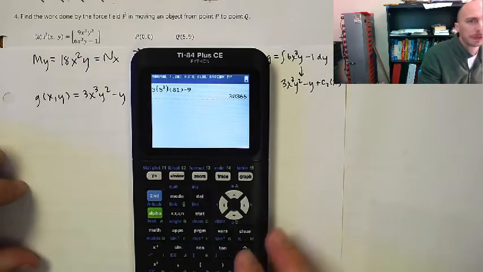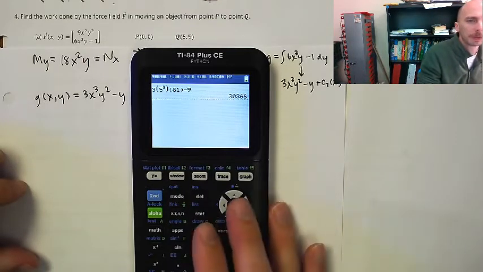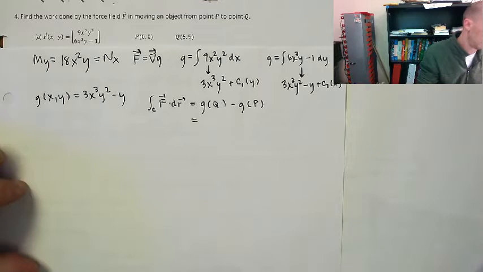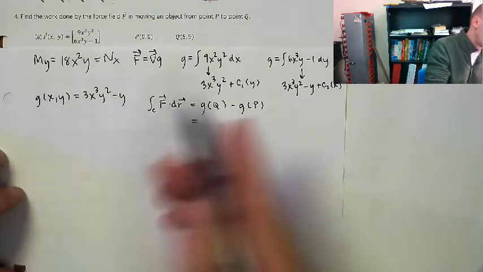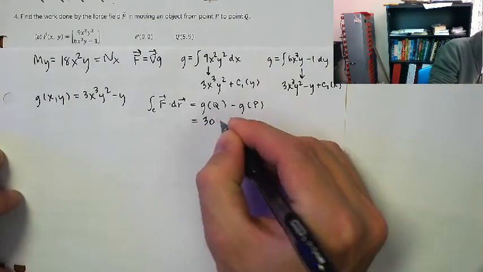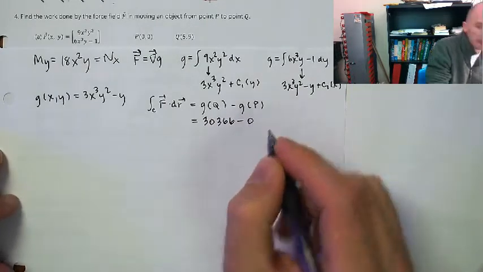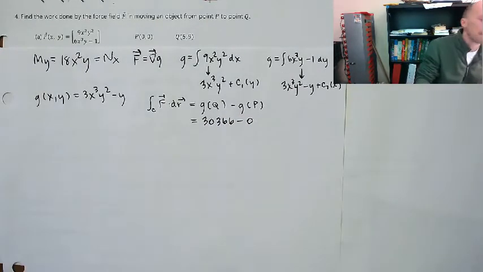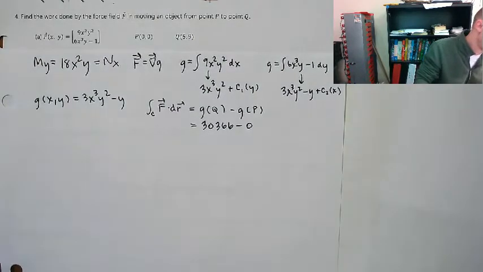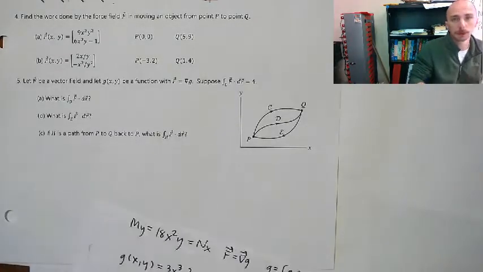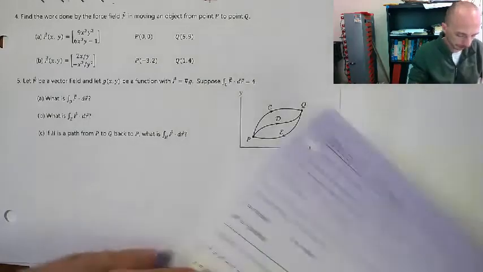That is, okay, so 30,366. And then when I plug in 0, I'm going to get 0. So 30,366 minus 0. That seems like a lot of work. I don't know.